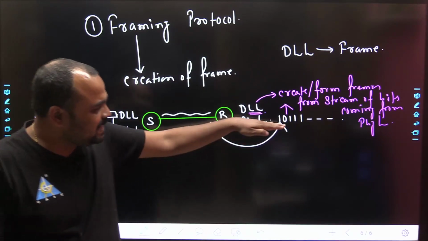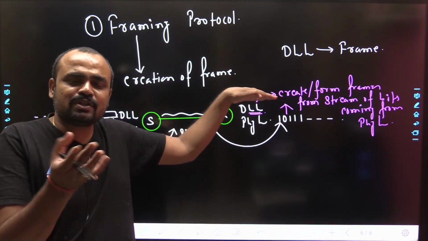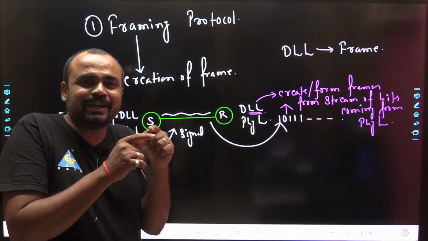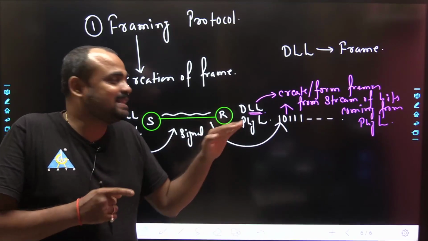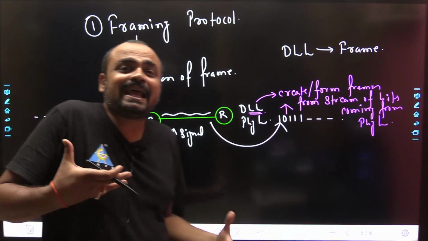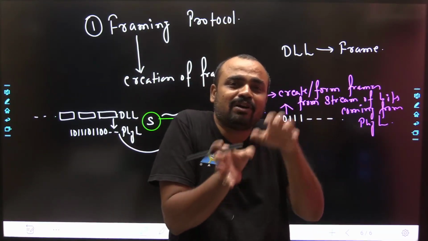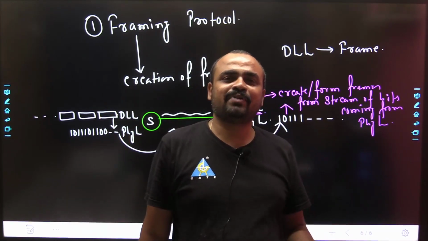So once the physical layer transfers this sequence of bits to the data link layer, the first responsibility of the data link layer is to create the frame out of this stream of bits, and this process is called the framing protocol. So how are these things happening? What is the logic involved inside this protocol? That is the matter of discussion inside the framing protocol.